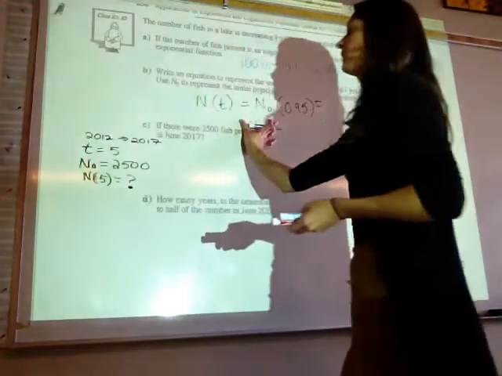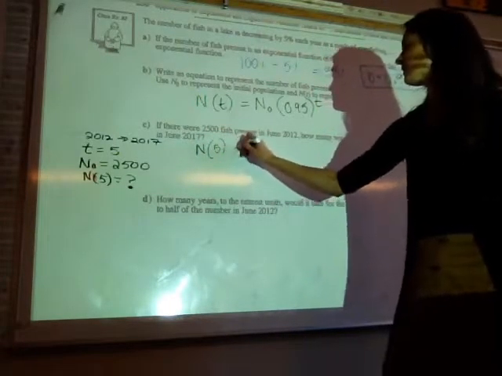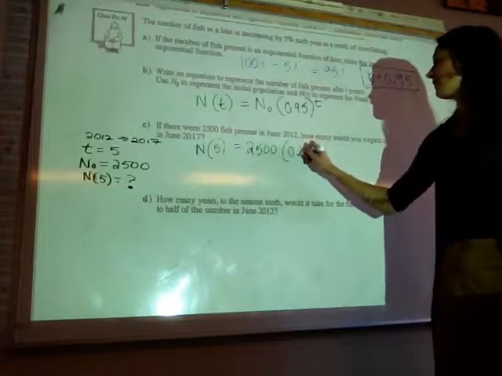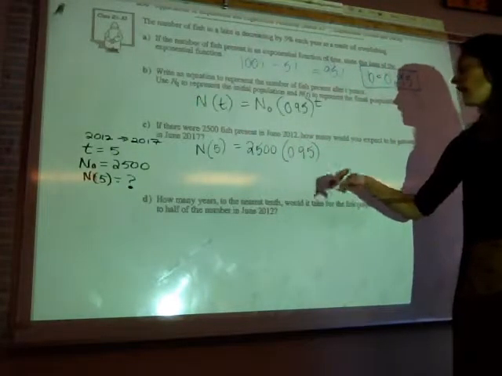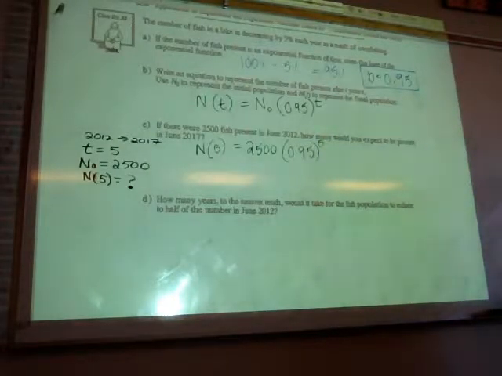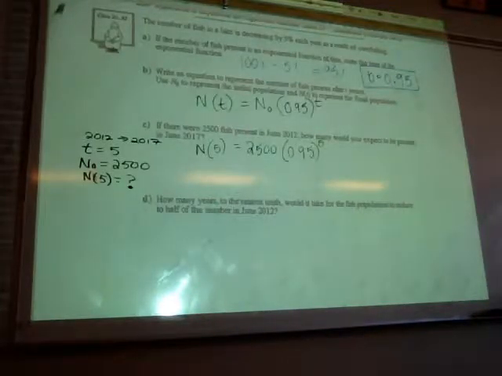So with the formula above, let's just plug in what we know. N of 5 is what we're solving for. We started with 2,500 fish. Our decay rate is 0.95, and we're looking at 5 years. This one's fairly straightforward. You're just plugging this into your calculator.